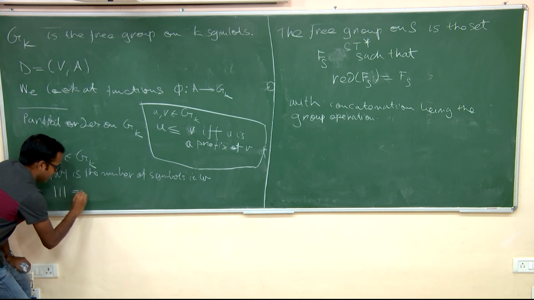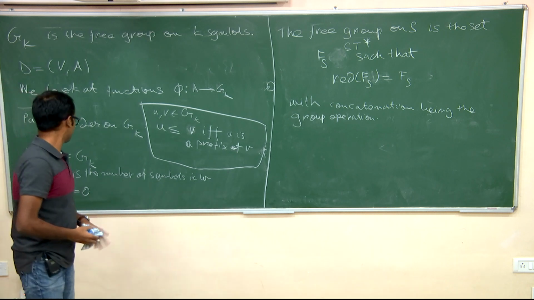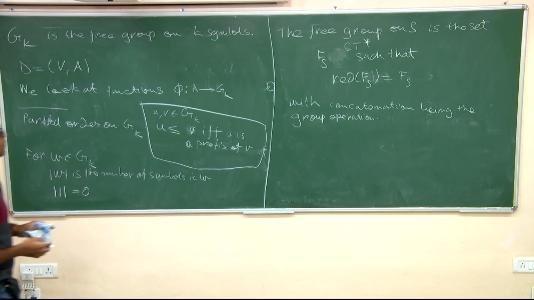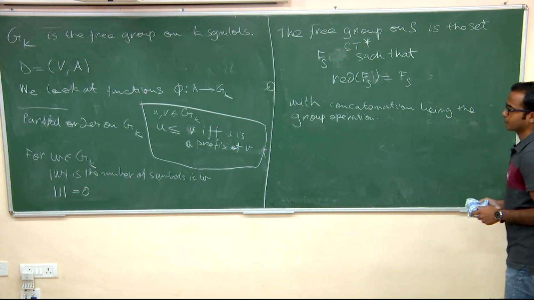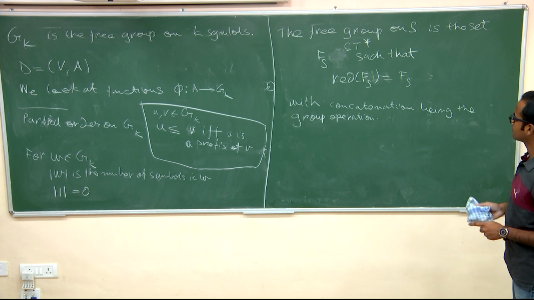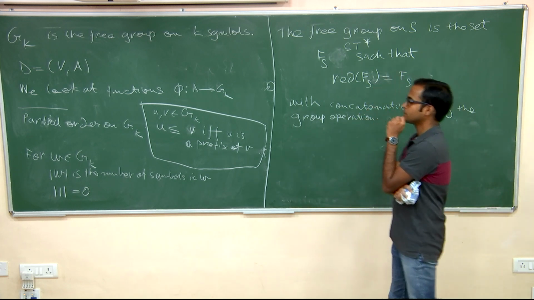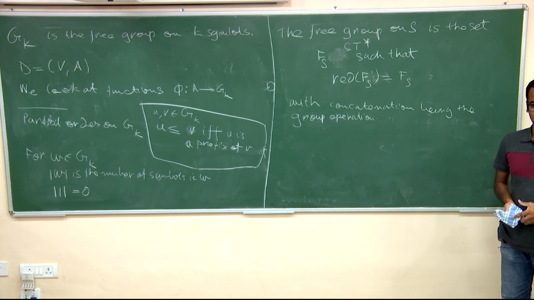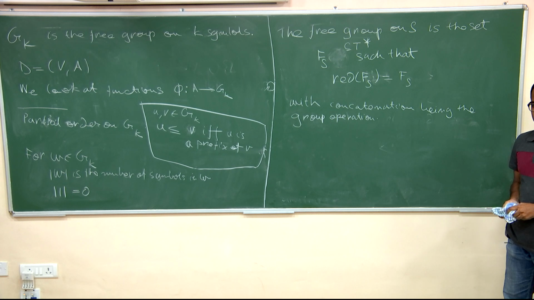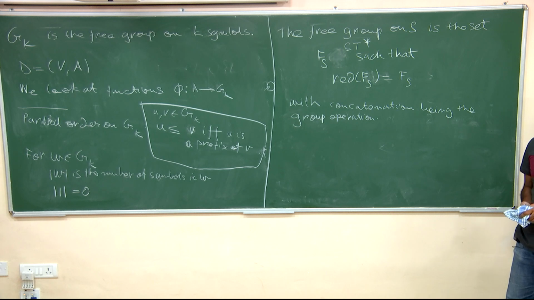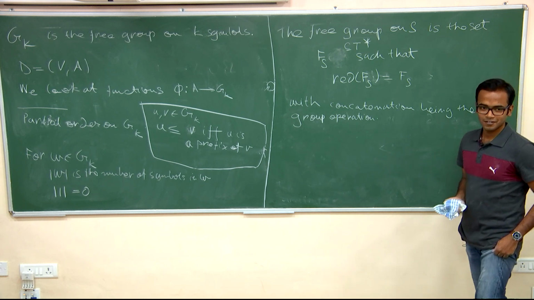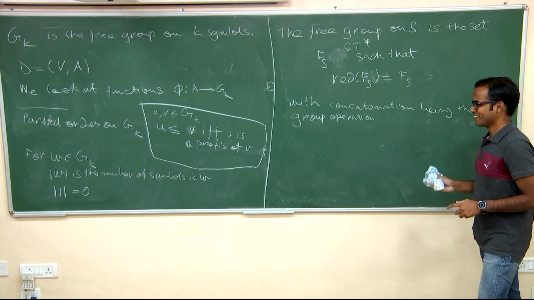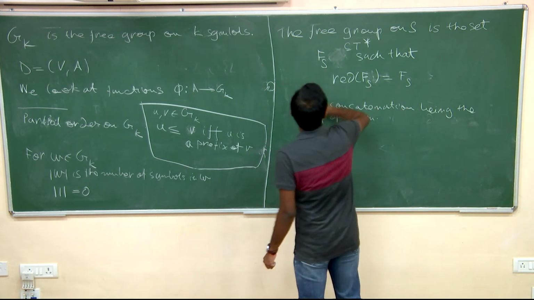The length of the identity is 0. So that's the partial order on GK. Does this partial order have a bottom? Oh yeah, epsilon. Yes, identity is the bottom. It already has a bottom.